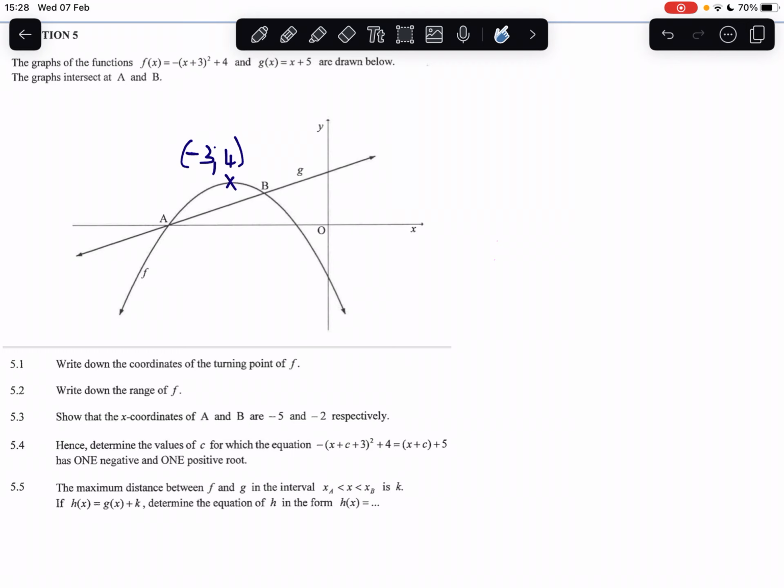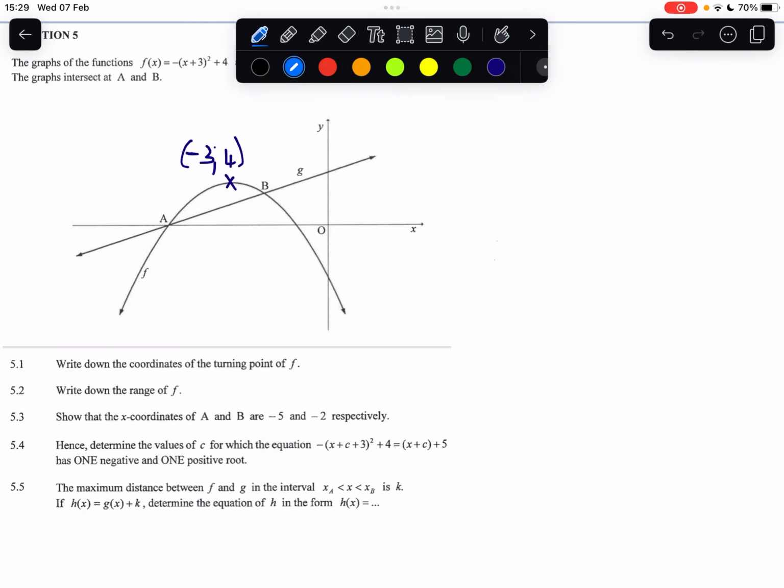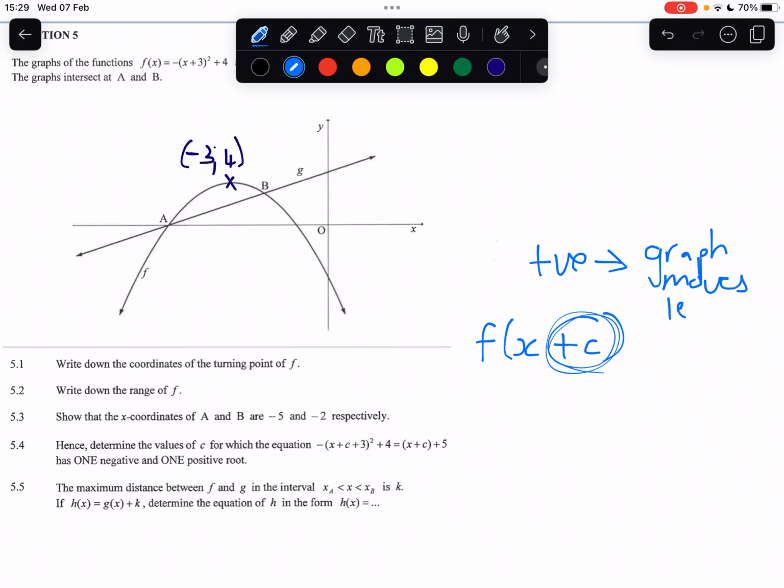Okay, so in English, what is happening here is, we know that if we have a function and we add a number to the x, to the input, if this c is positive, then our graph moves to the left. Graph moves left, right? And if c is negative, then our graph moves to the right.